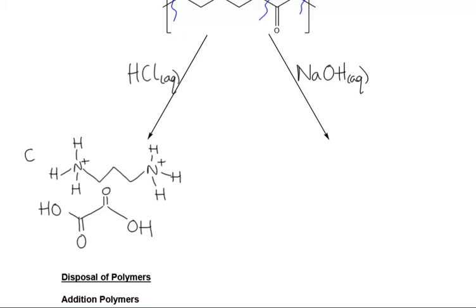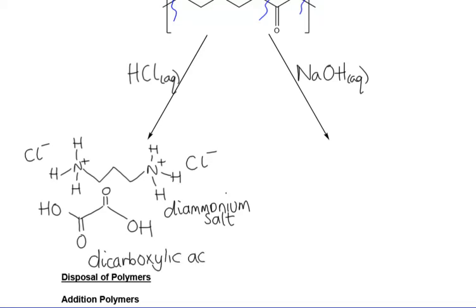So I'm going to make a diamino salt, a diammonium, like an ammonium ion salt, and this is a dicarboxylic acid. Acids don't react with other acids like this. This is a dicarboxylic acid. So the HCl has reacted with the amines.